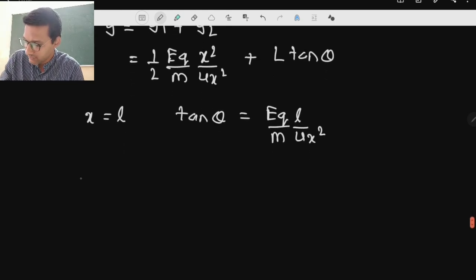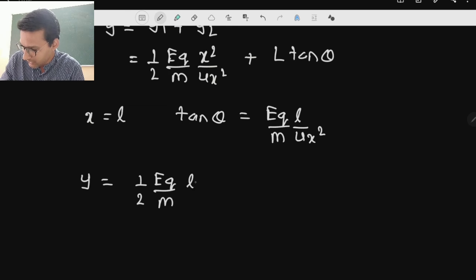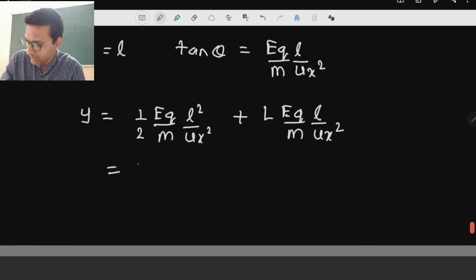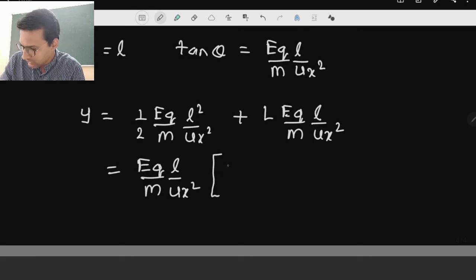So we will get y is equal to y1, that is 1/2 eq by m l square by ux square, plus L tan theta, that is eq by m into L into l divided by ux square. Now a lot of things are common here. eq by m is common, l is common, ux square is common, inside the bracket l by 2 plus capital L will be left.